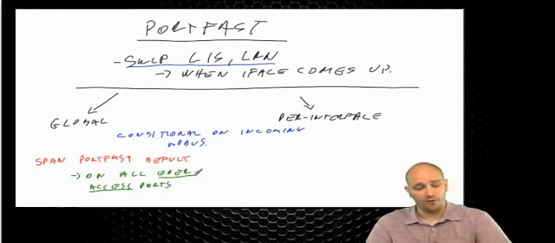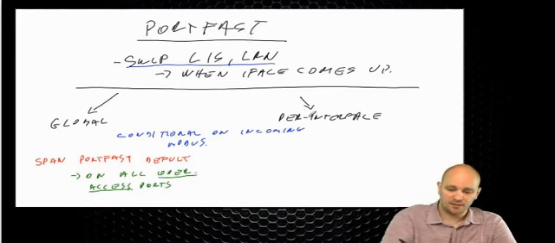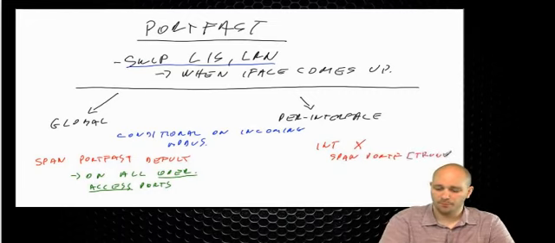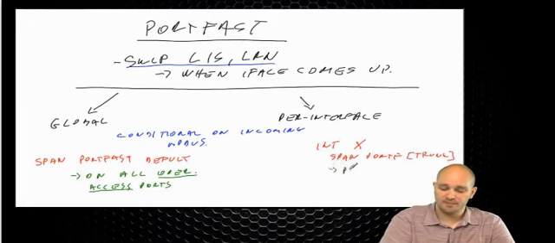Now, when you're configuring per-interface Portfast, the command is interface X and then spanning-tree portfast. Now, there is an optional trunk keyword that you can configure there. If you do not configure it, Portfast will be active on operational access ports.